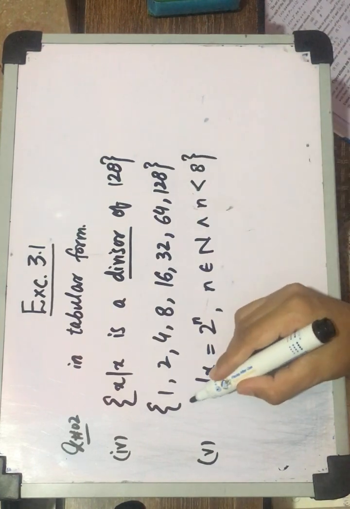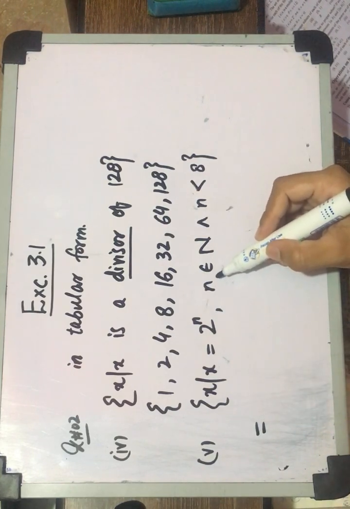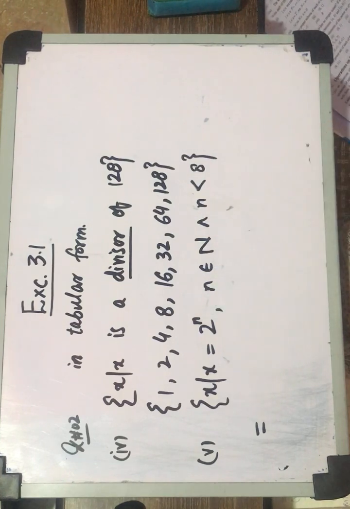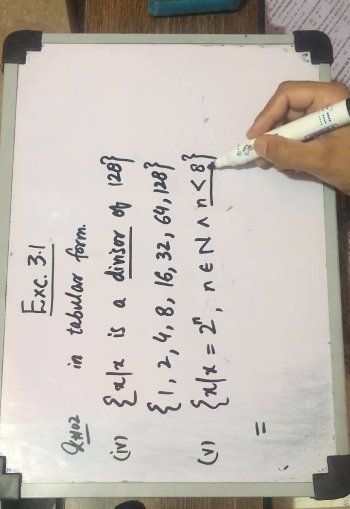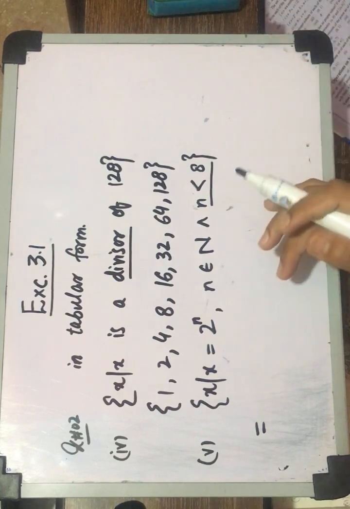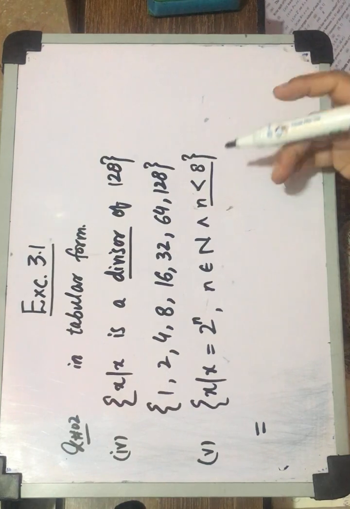Okay, now we will take n is equal to 1, 2, 3 up to 7. Why up to 7? Because the condition is given that n is less than 8, so we take n from 1 up to 7, because natural numbers start from 1 and go on.